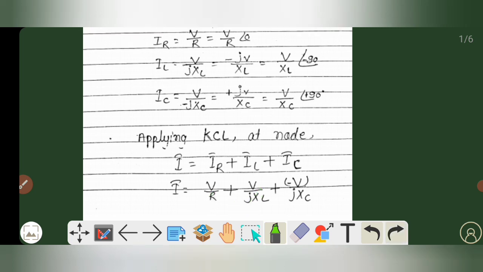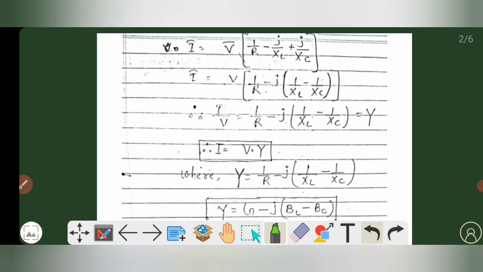After putting in these values, we take V as common, and from the two terms we take minus j as common. Then the equation comes out to be I equals V into 1 by R minus j into 1 by XL minus 1 by XC. So I by V will be equal to 1 by R minus j into 1 by XL minus 1 by XC.